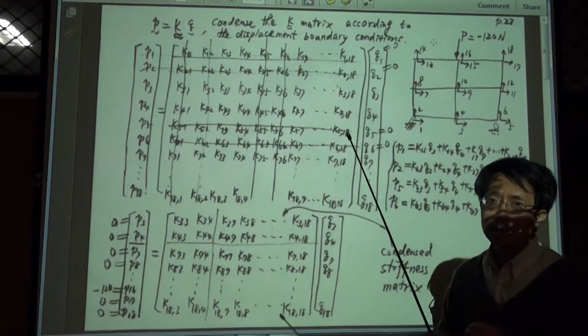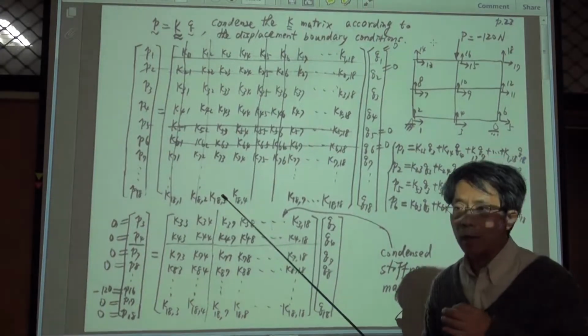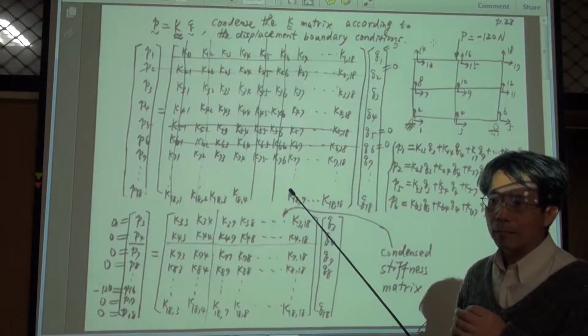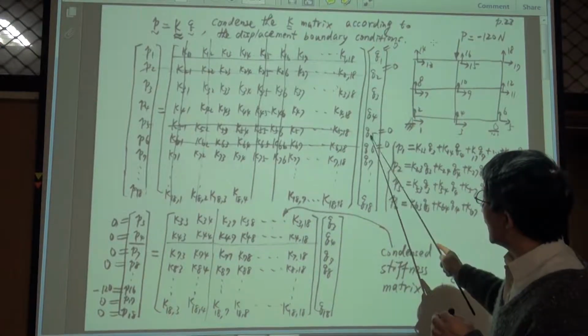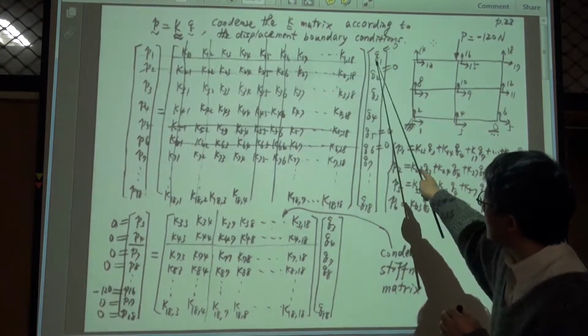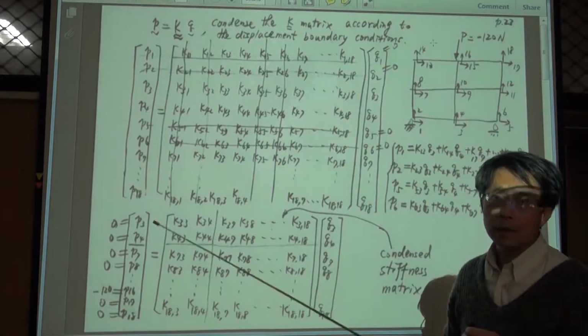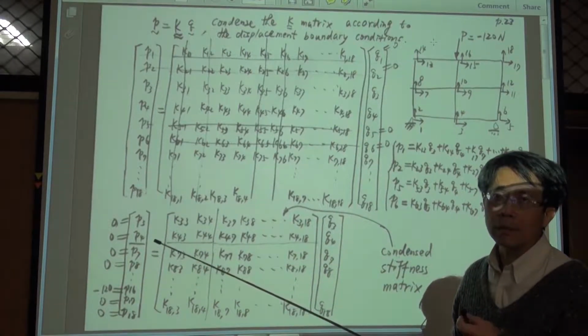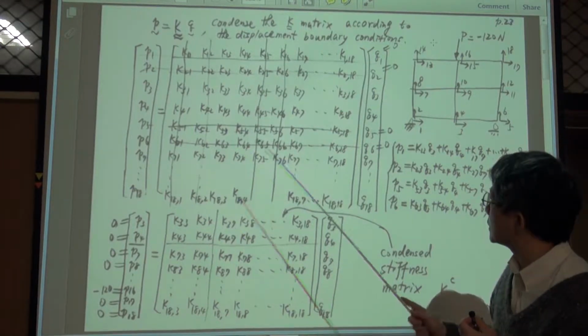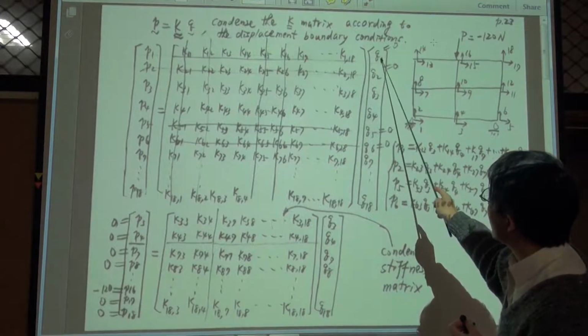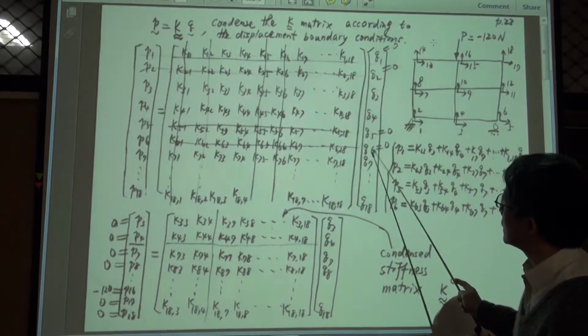We want to take these four quantities out of this vector equation, because we don't need to calculate them; they are already known. So we want to cancel this, this, and this. How?